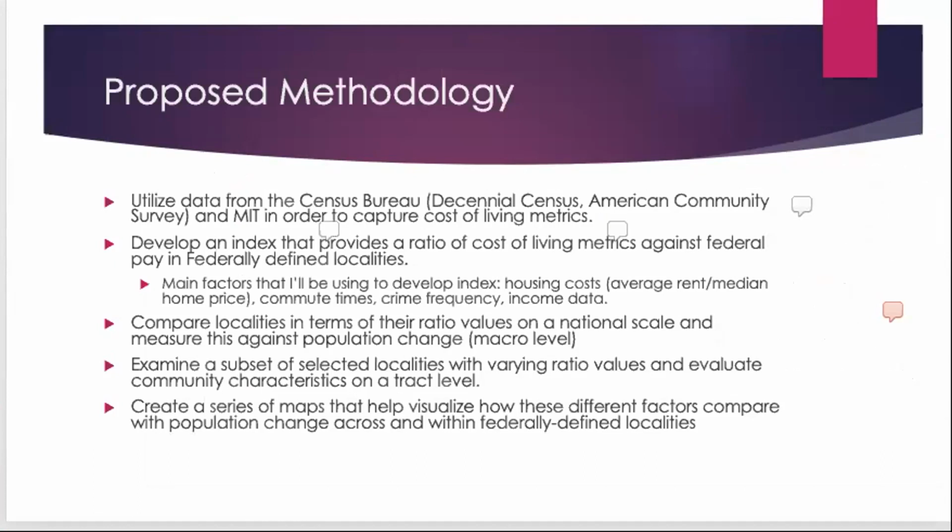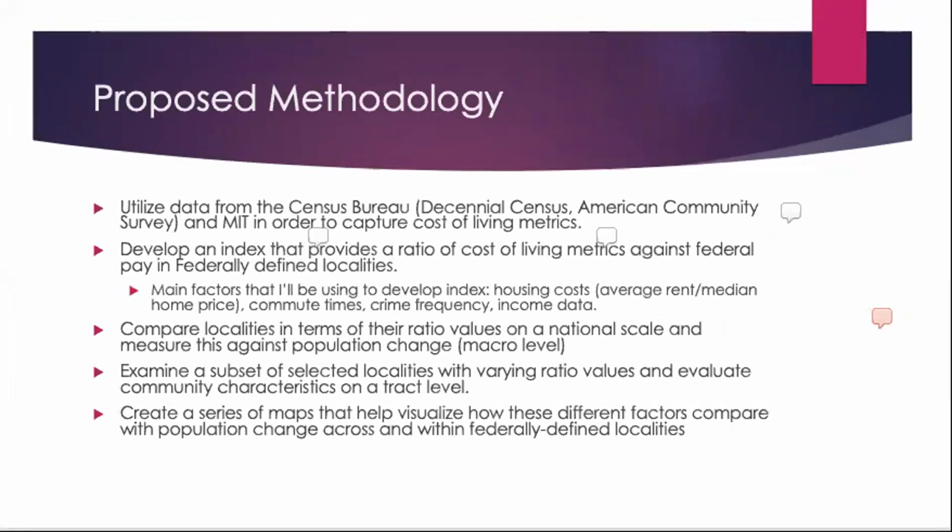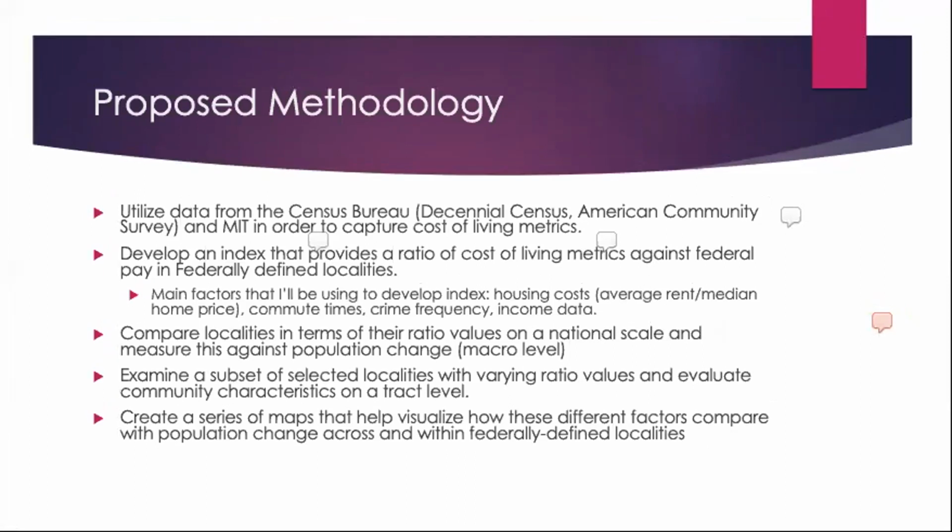And when I say this, I'm looking at average rent, median home price, commute times, crime frequency, and income data. A lot of things people take into consideration when they're looking at how good they have it based on where they're living.